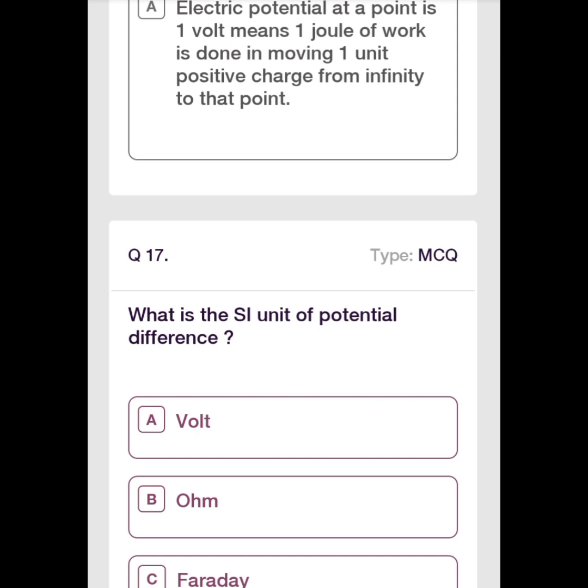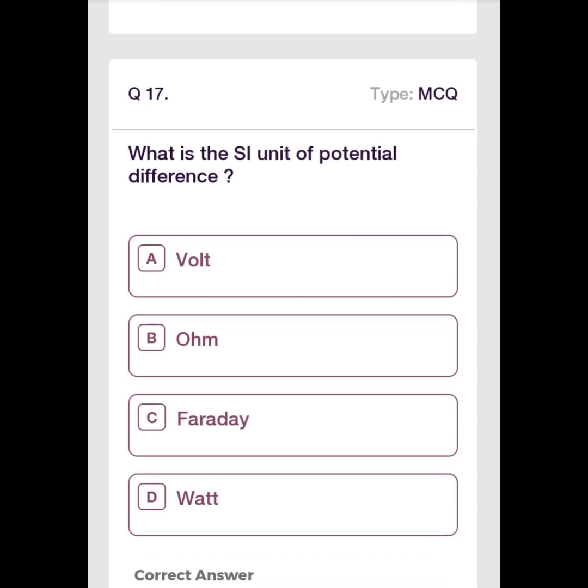What is the SI unit of potential difference? We know the SI unit of potential difference is volt. The correct option is option A. Option B is ohm. Ohm is the unit for resistance, and farad is the SI unit of capacitance, and watt is the SI unit of power.